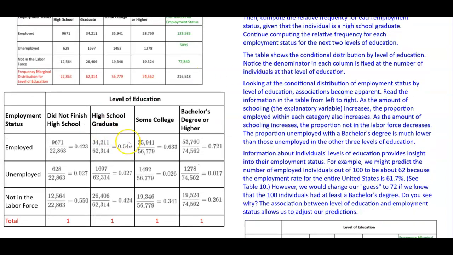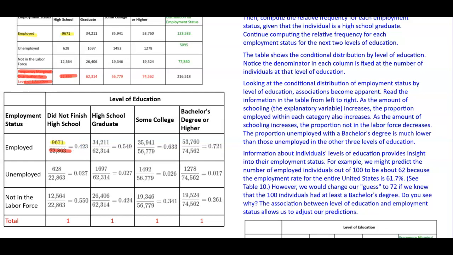So let's take a look here. The employed here represents 9,671, so that's what's in our numerator. And then we're looking at the total, which is 22,863. That gives us a relative frequency of 0.423.